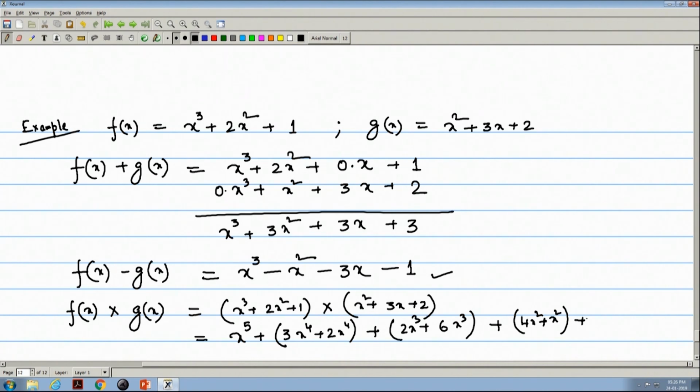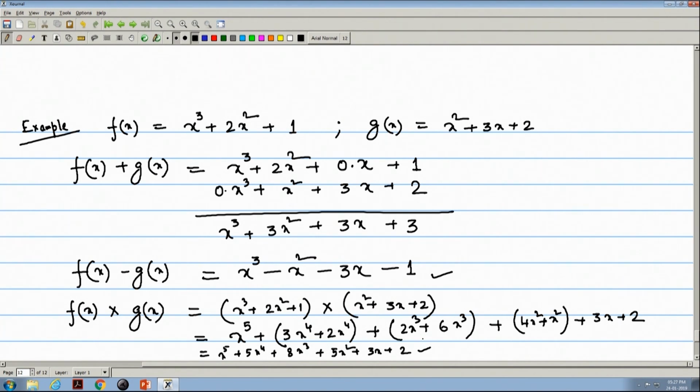So, only 3x plus 2. So, I have considered all the things, then it will be x to the power 5 plus 5x to the power 4 plus 8x cube plus 5x square plus 3x plus 2. So, we get the result here.